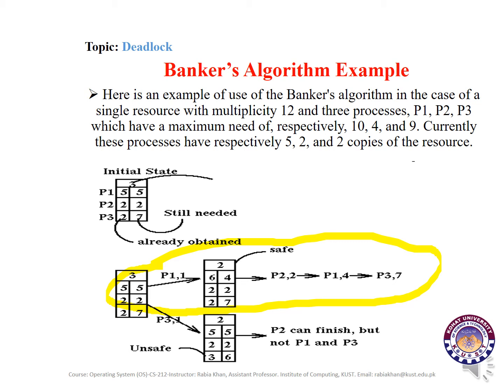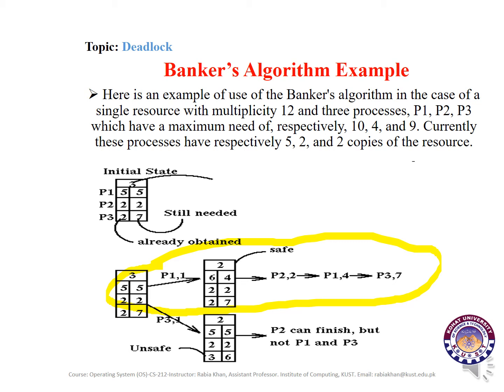If one resource is assigned to process P1, its remaining request would reduce to 4 and the remaining instances of the resource will reduce to 2. If these two remaining instances are assigned to process P2, whose remaining demand is also 2 instances, all the demands of P2 would be completed, but the system will be left with 0 instances of the resource.